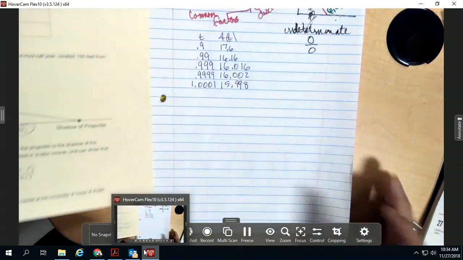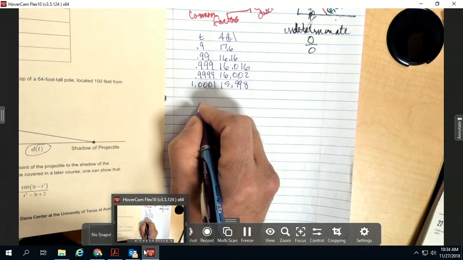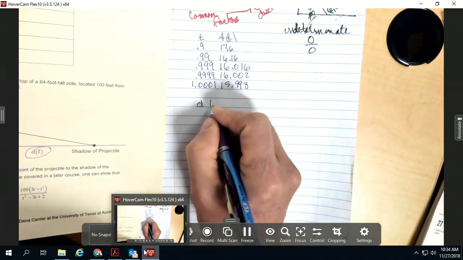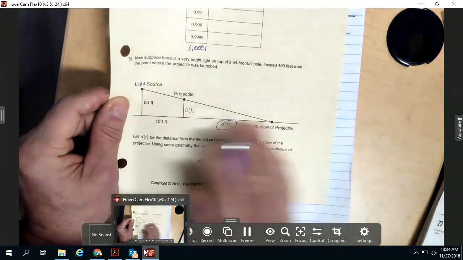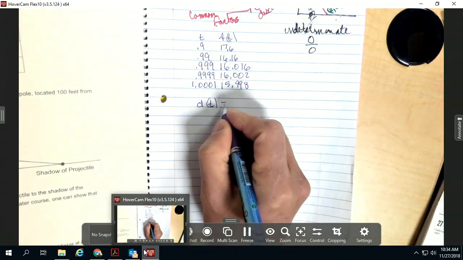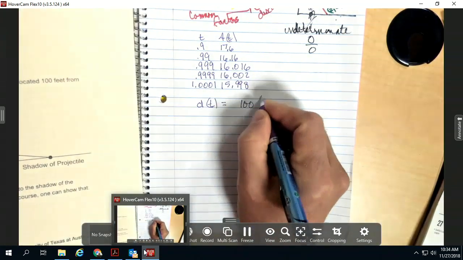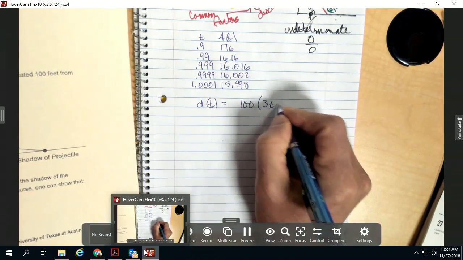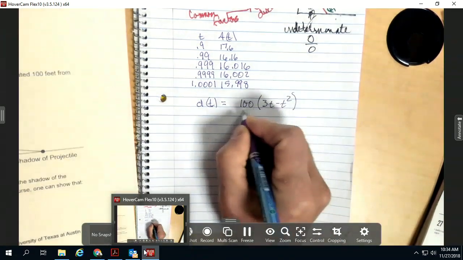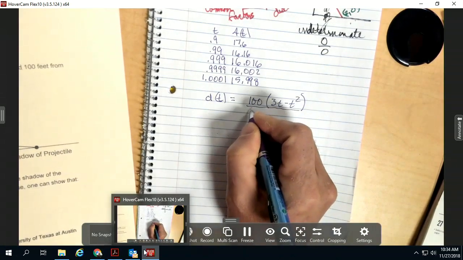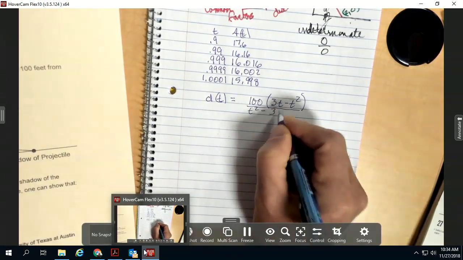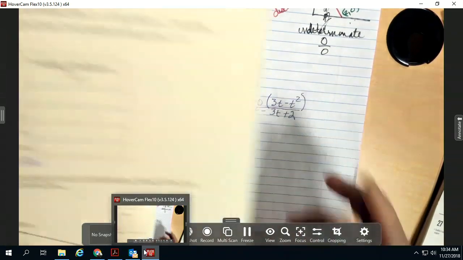Okay. They give us the formula that says distance as a function of time. In other words, the distance that the shadow is passing is 100 times 3t minus t squared over t squared minus 3t plus 2.